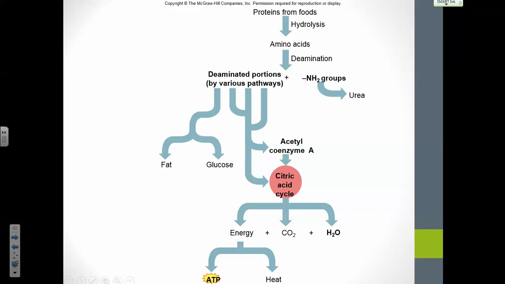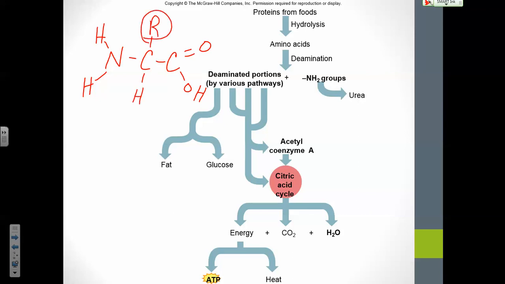If you are going to break down the amino acids and not store them in other forms, if you're going to break them down to get energy, you remember an amino acid has this thing called an amine group. The NH2 is an amine group on one end, and then it has the C double bond O OH. That's called a carboxyl group on the other end. And then in the middle, you have a carbon with a hydrogen, and then something else is attached to that carbon.